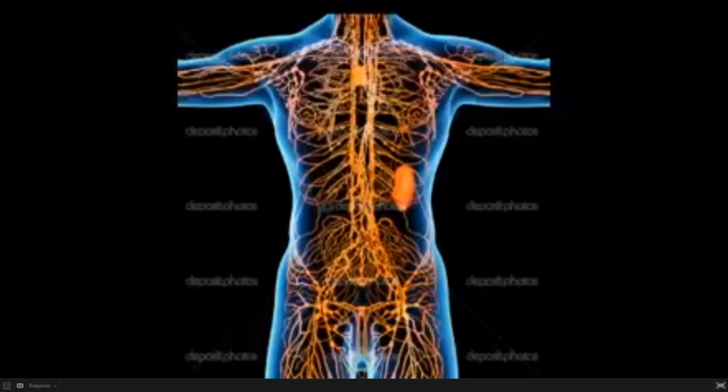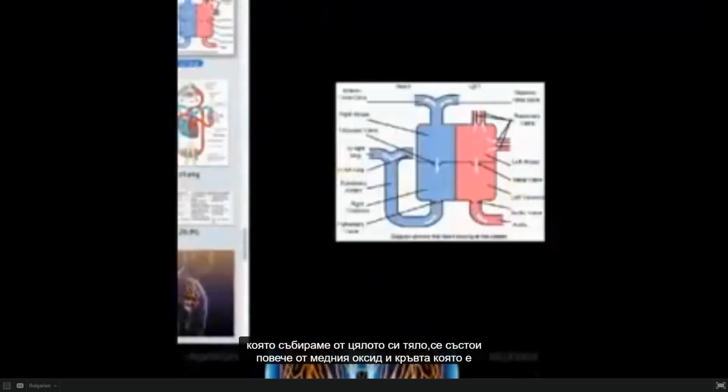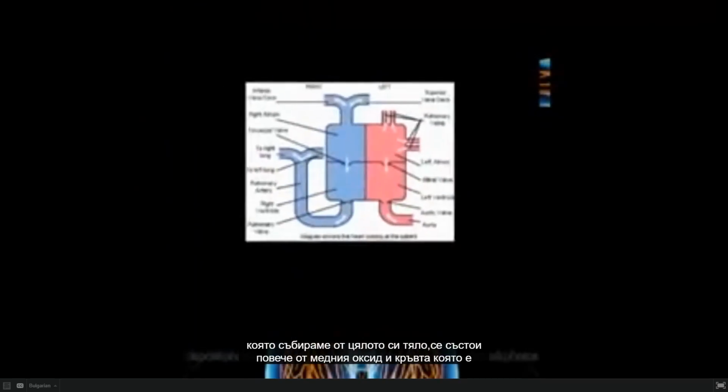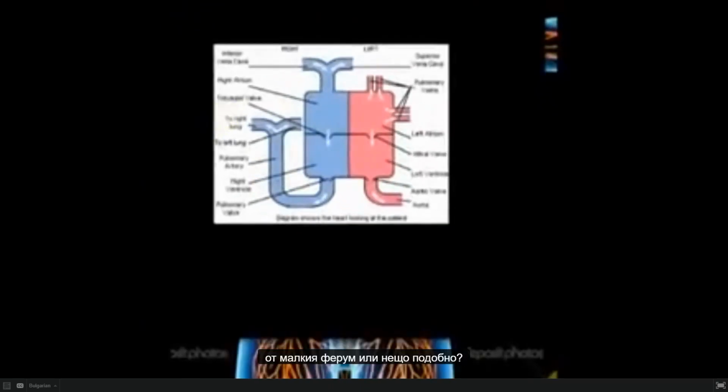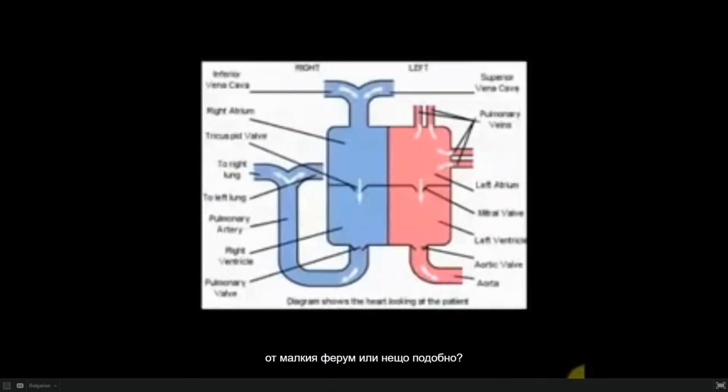This means that the blood we collect from all the body consists more of cuprum oxide, and the blood which is treated is more ferrum or something like this. No, it's just because they are different in color.